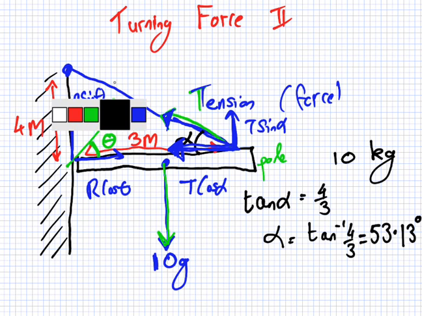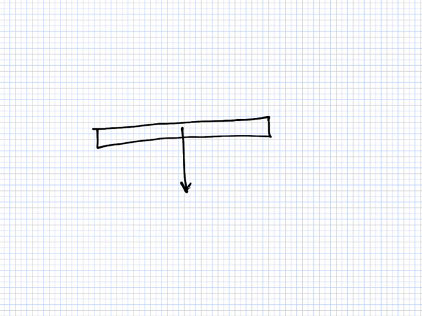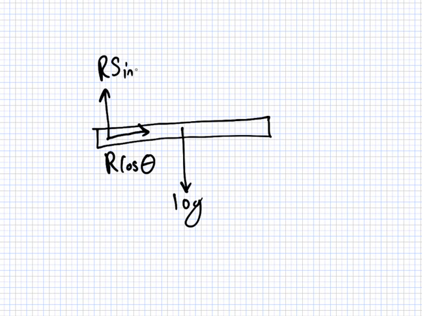Now I'm just going to draw this again. So I'm going to go down. So here is, what do we say, tangent. Here is R cos theta. Here is R sine theta.